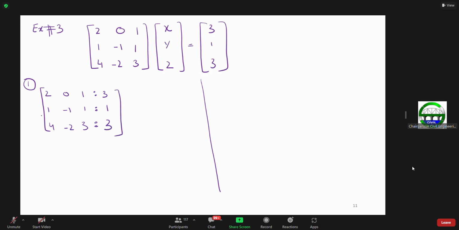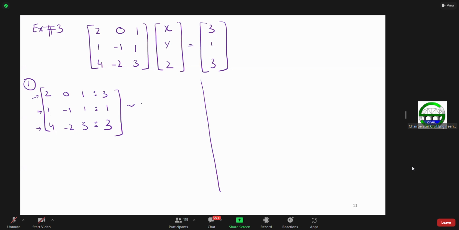Okay, so again, make this one and this one equals to 0 using this one. So how can we go? Anyone can give me a suggestion? Okay, so I would say I will put an operation in here. I have to make it 0. So, for example, if I interchange this one with this one, it will be more easy.